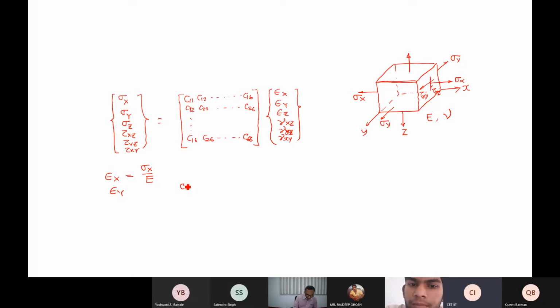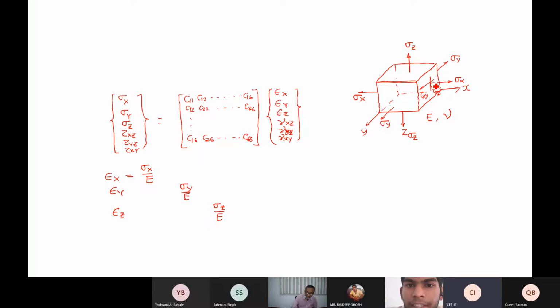That will be sigma Y by E. Is that clear? Similarly, if this is also subjected to sigma Z along Z, there will be a normal strain along Z, epsilon Z, which is nothing but sigma Z by E. Up to that, it is clear, right?